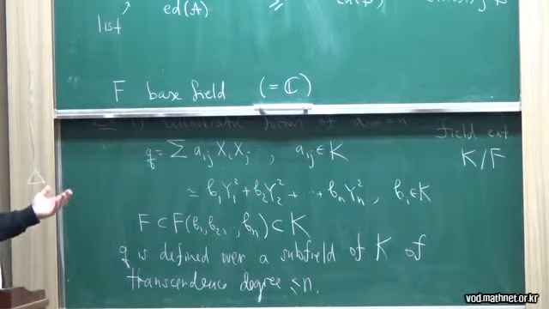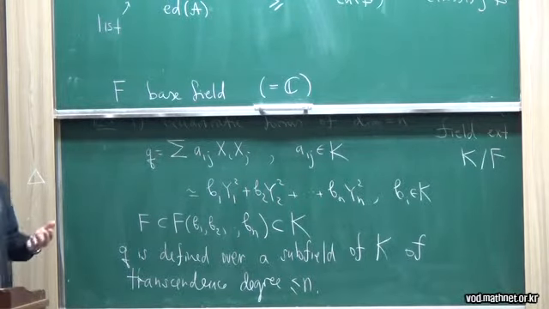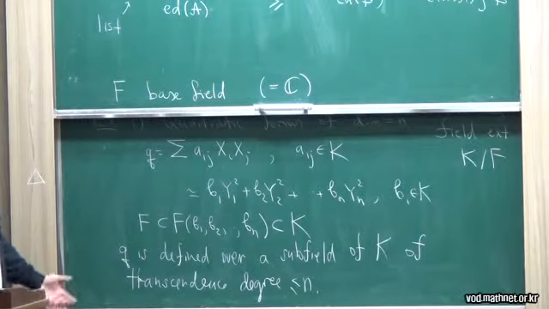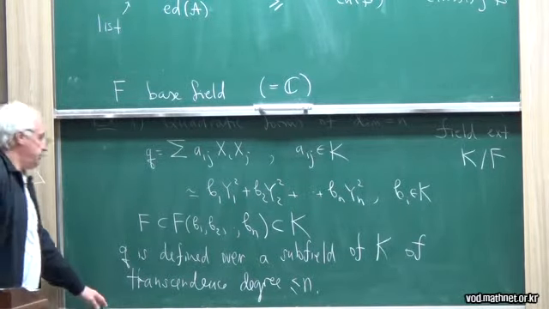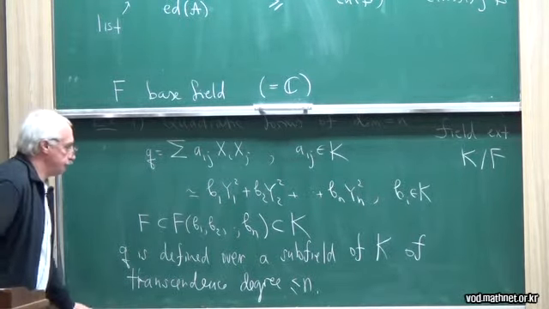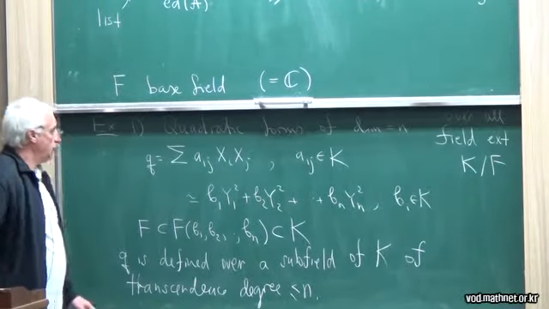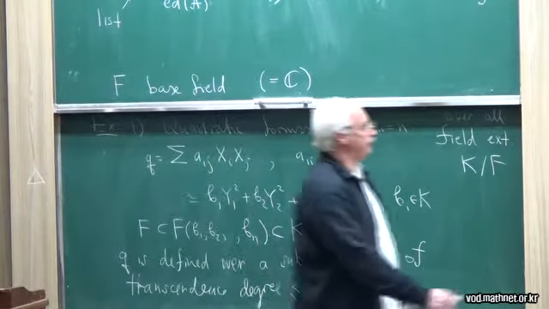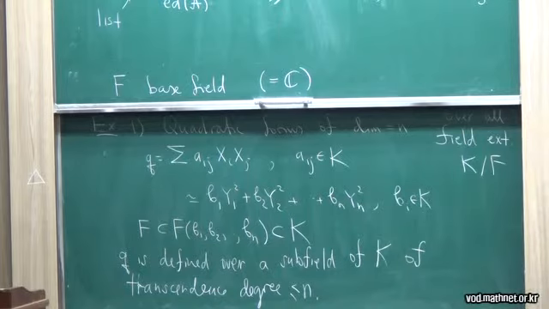So the question is how many algebraically independent parameters you need, the smallest number, to define the structure. Well, one more example before I give the precise definition.